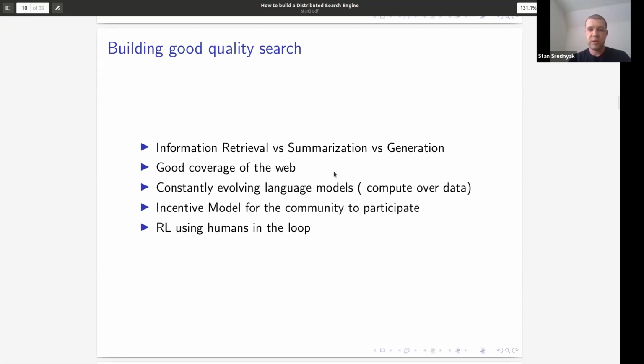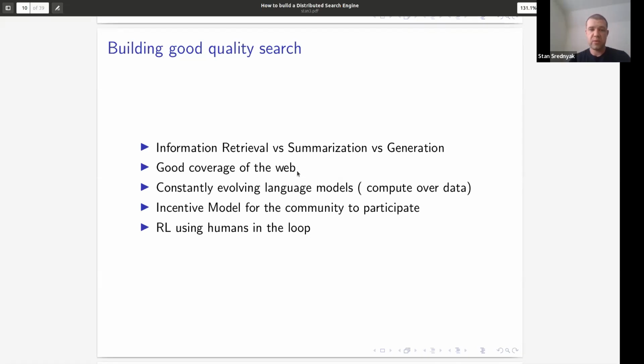But the first benchmark that we have to compare ourselves against is a good coverage of the web, a good crawler. And we have to create a suite to maintain constantly evolving language models. So we would allow compute over data capabilities.